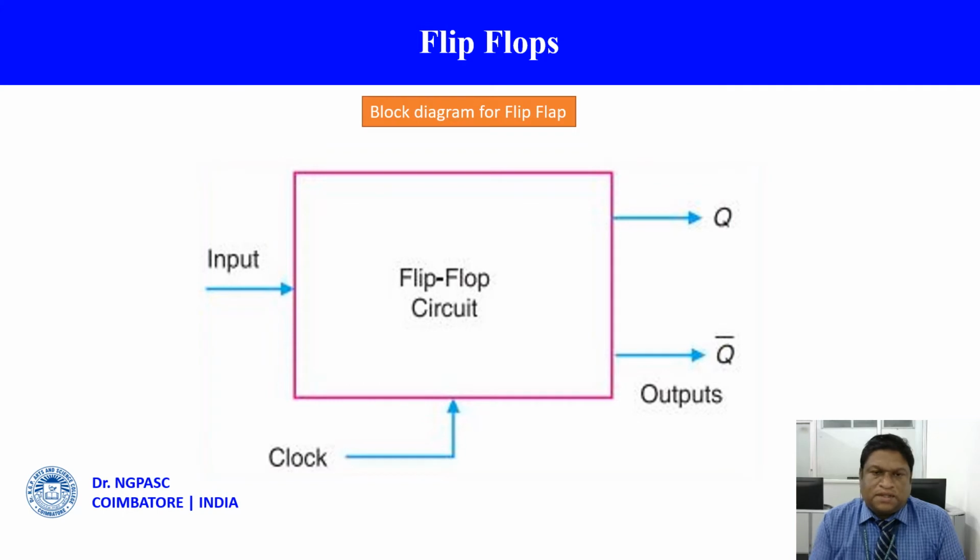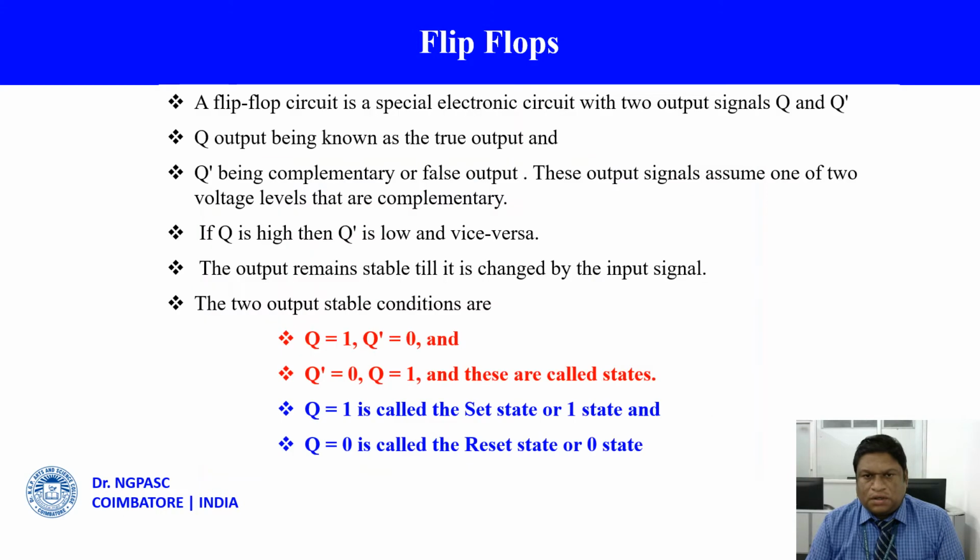Here you can see that there is an input for the clock, there is the actual input, and there are two outputs. One is called Q and another one is Q bar. One is called the true output Q and another one is called the false output, Q bar.